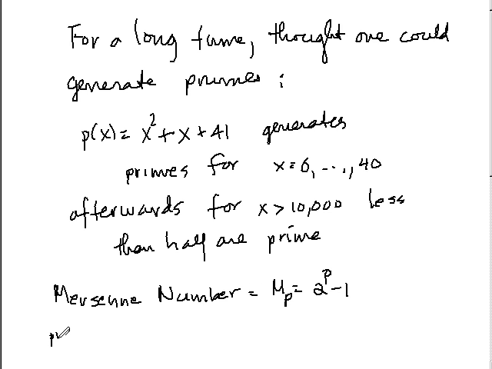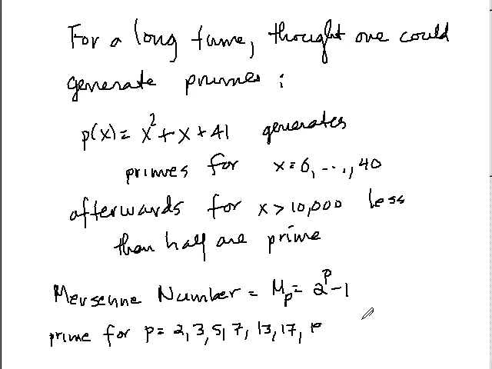In fact, it's prime for the following values: p equals 2, 3, 5, 7, 13, 17, and 19.